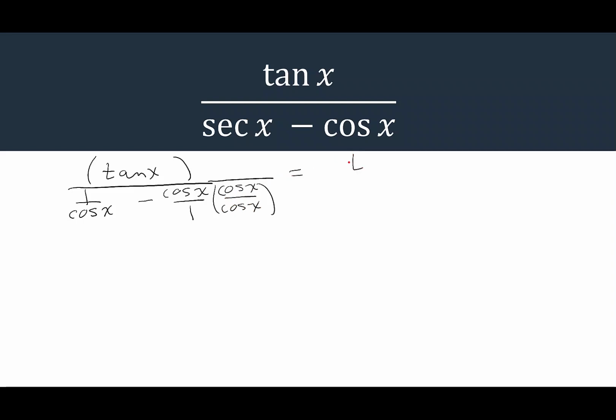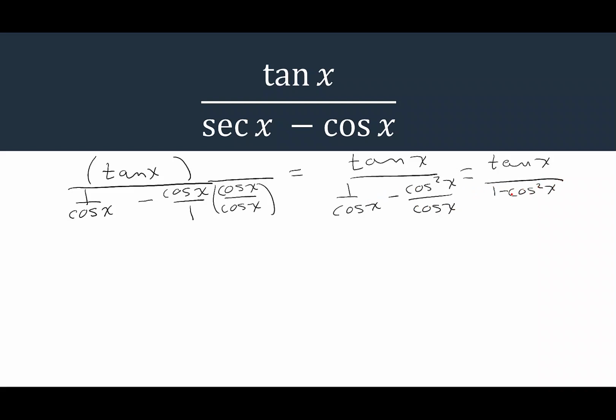This says I still have tangent of x in the numerator, but now I have 1 over cosine of x minus cosine squared of x over cosine of x. We'll keep the tangent of x. I'll combine the two terms in the denominator. I have 1 minus cosine squared over cosine x.